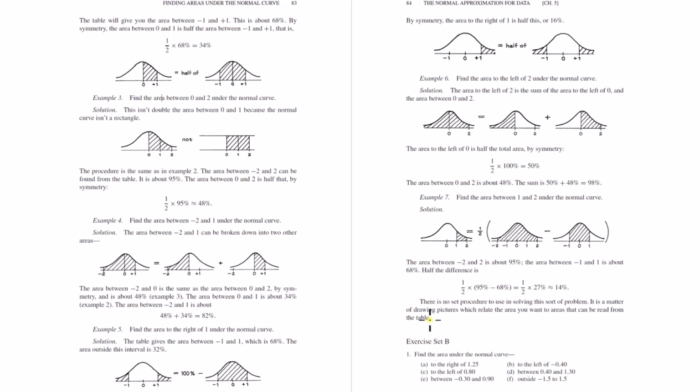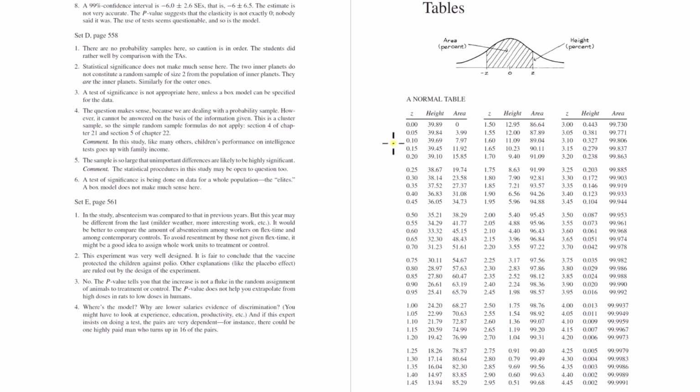In this video, we're going to work the example problems from section 5.2, which was on calculating areas under the normal curve. What we talked about in the previous video was that instead of using the traditional method taught in statistics classes, where it's graphical, you calculate a z-score.